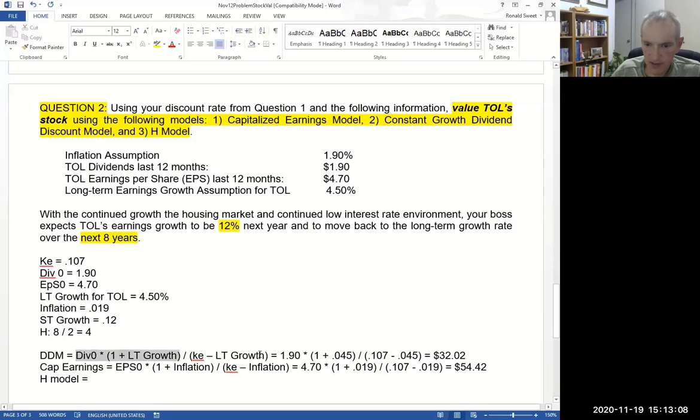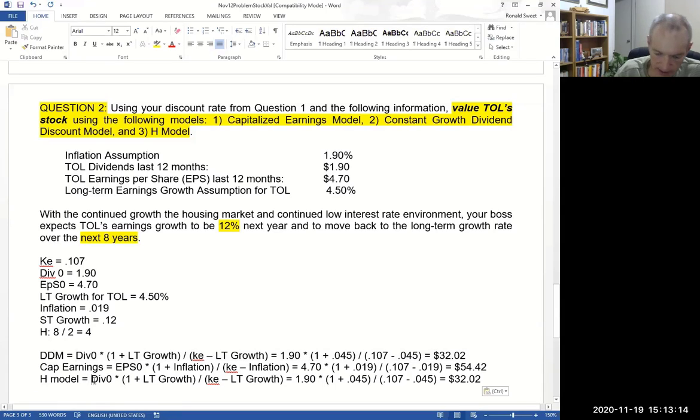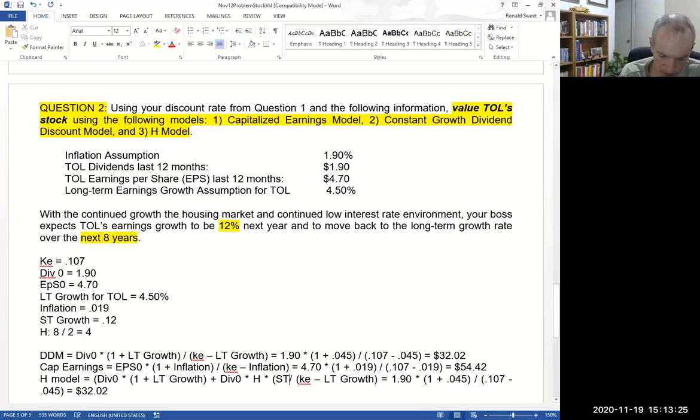It's the same as the dividend discount model, but with one added section here in the middle. So plus dividend 0 times H times short-term growth minus long-term growth.